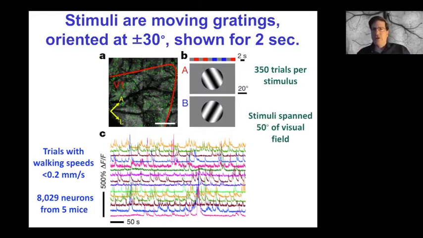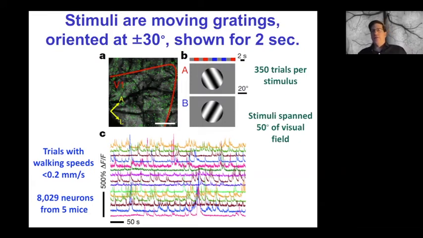And they were presented in random order for 2 seconds in duration. And also these were interleaved by a 2-second interstimulus interval. And we monitored the activity of over 8,000 neurons in total from 5 mice.